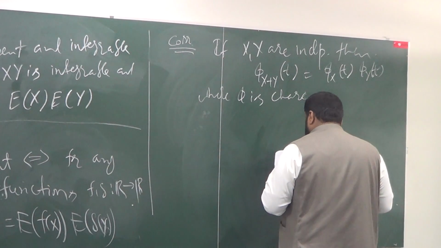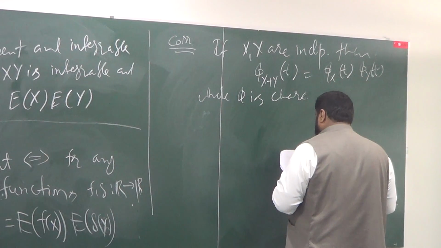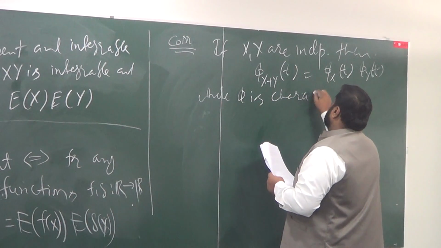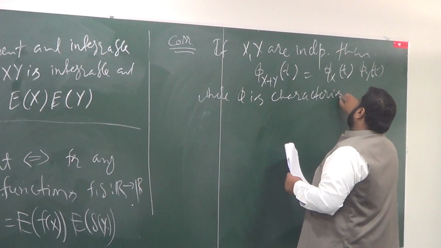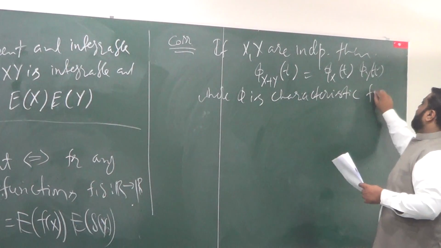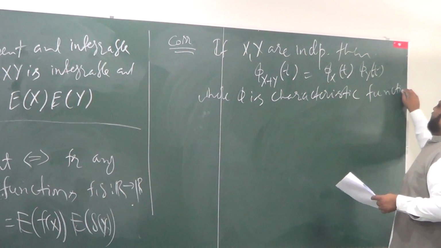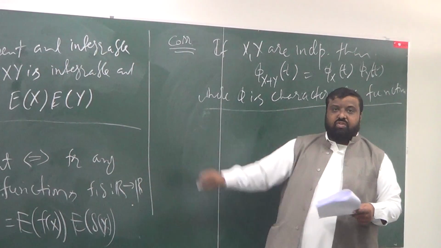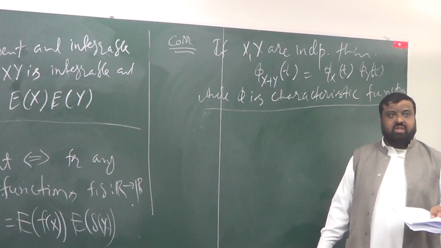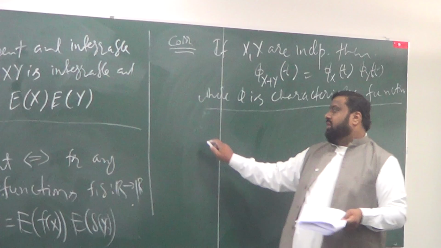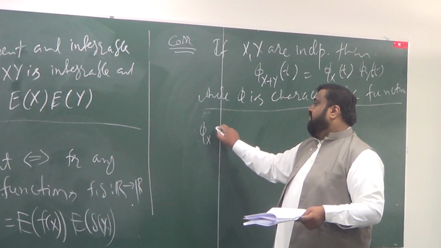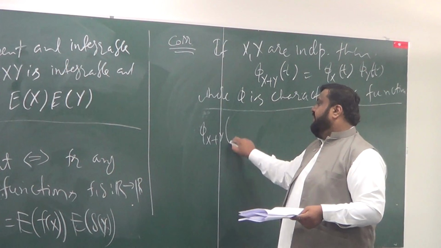Characteristic function, okay. Why would this follow? Because phi of some x is the expectation of... let me just write it there. What is phi of x plus y actually?